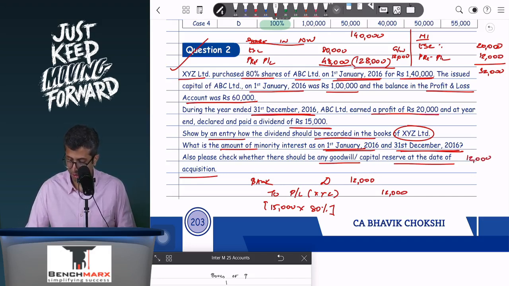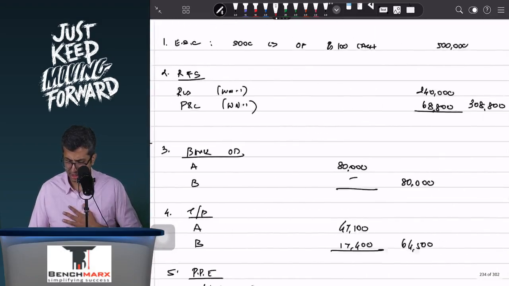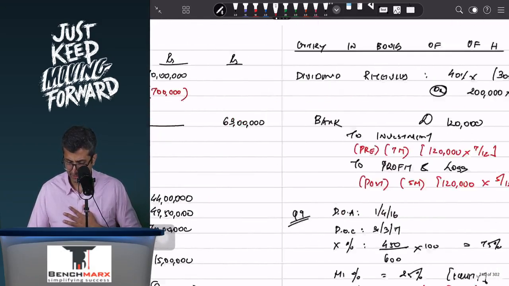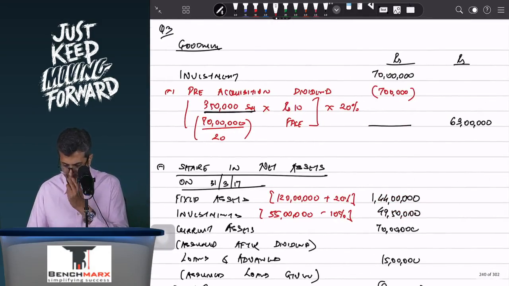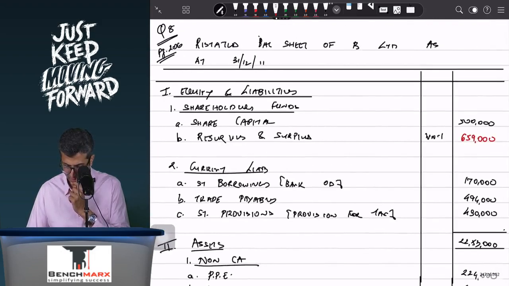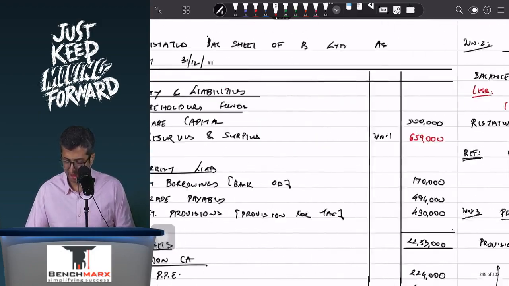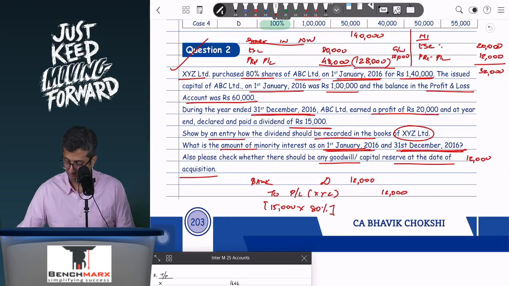And they are asking what is the minorities on 1st January and on 31st December. Now on 31st December, if I do my analysis of the profits, I would have said that this is in the post section 20,000, out of which less 15,000, and hence 5,000 is still remaining.